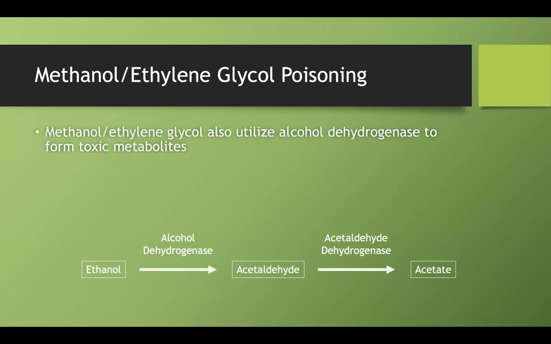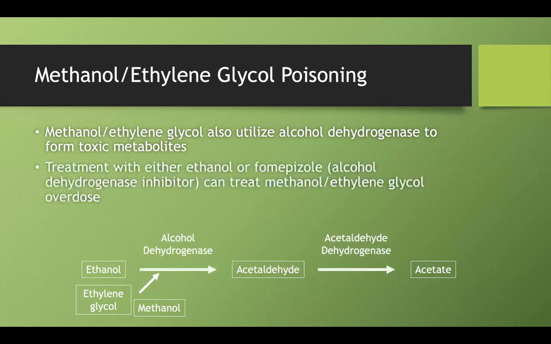So if either methanol or ethylene glycol is ingested, it will use that same alcohol dehydrogenase enzyme to form a toxic metabolite. So it's actually safer for the body to keep it in the methanol form or the ethylene glycol form rather than allow it to form this toxic metabolite. So you actually treat this in one of 2 ways. You can give them ethanol technically.